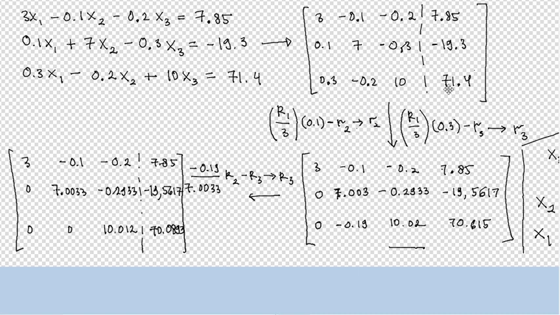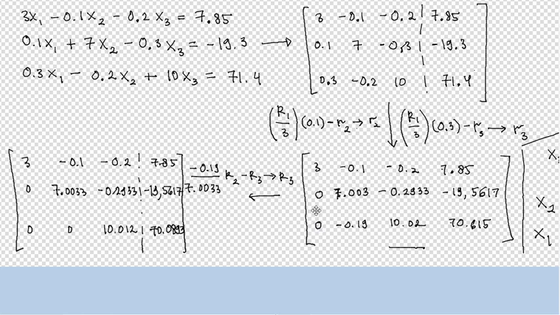And for the third row, I do almost the same thing. I divide this coefficient by 3, so it becomes 1, and then I multiply with this coefficient, subtract it and put the result in this row. Then after doing this, I will have this matrix. The first row is still the same, the second row's first coefficient becomes 0, and the third row also becomes 0.